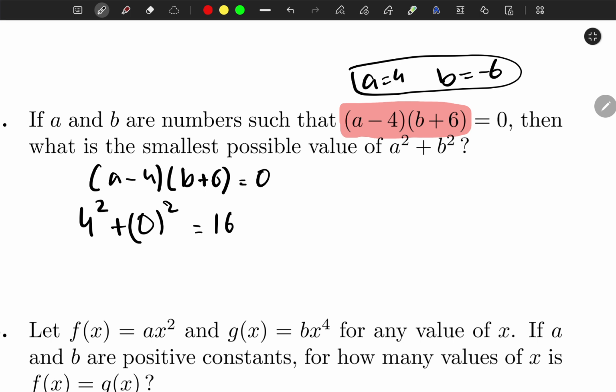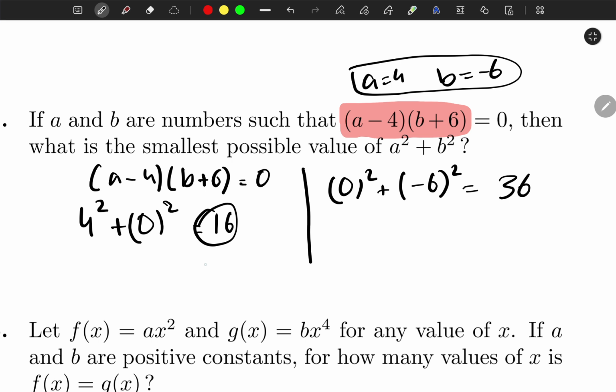I think that's, yeah, and then if we do the same thing and we let B equal to -6, that way this other factor would be 0, then we can do that same thing for this too, which would then become, we let A as 0, and then we add to it -6 squared, which would give us 36. So the answer is going to be 16.